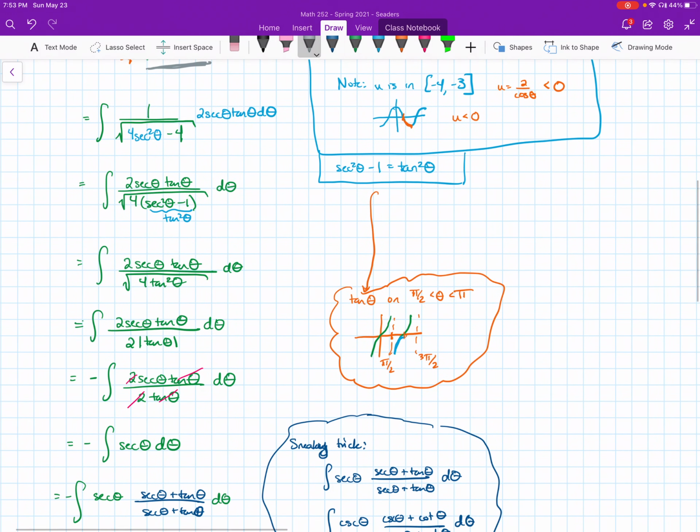That allowed us to cancel the square root, but because tangent theta was negative, we got this little negative sign right here. So for the limits that we were using, tangent theta wound up being negative on the interval that counted.